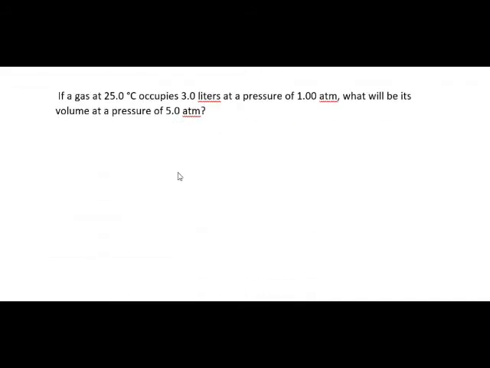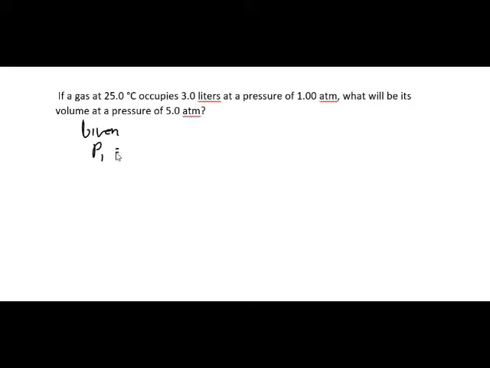If a gas is at 25 Celsius, occupying 3 liters at a pressure of 1.1 atm, what will its volume be at a pressure of 5 atm? Similar to the first one. Let's do the given.